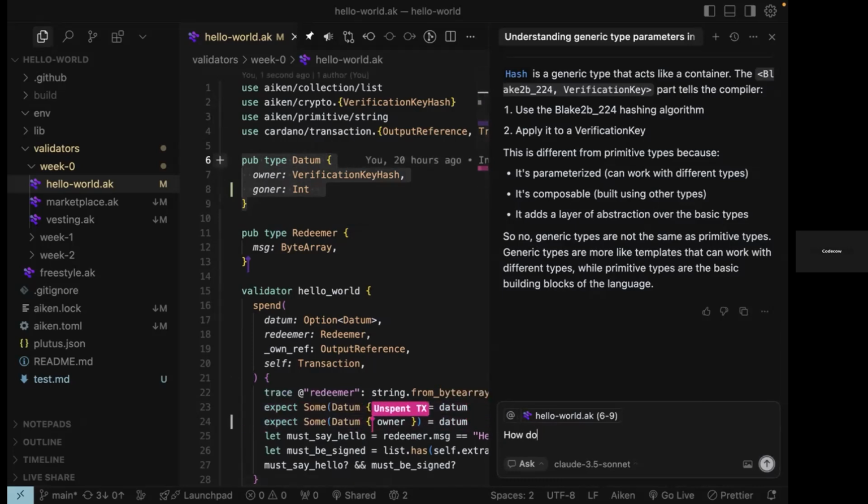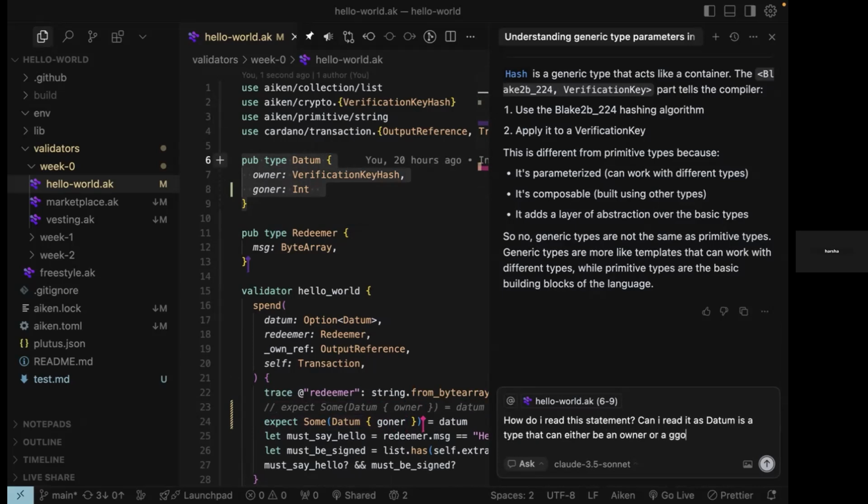It's like, how do I read this statement? Can I read it as datum is a type that can either be an owner or a goner? That's it. That's how to read it.